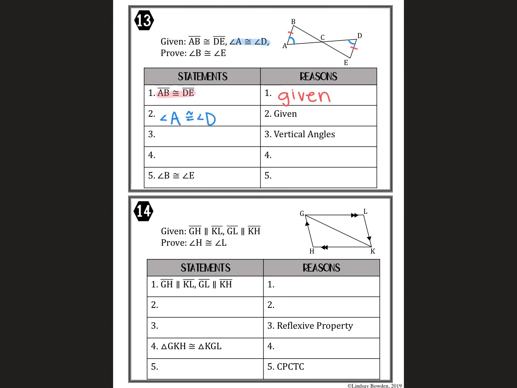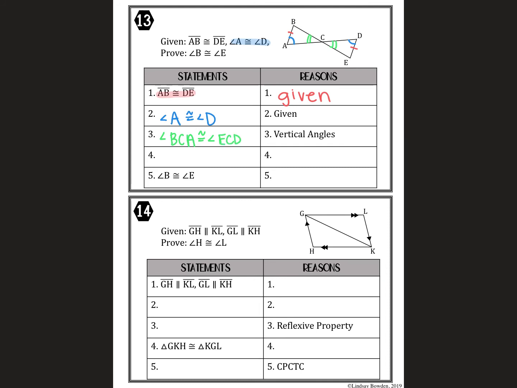After that, I'm out of givens, so next I would move on to my vertical angles. So I double mark those angles, and then I have to name them. I have to name them with 3 letters, and C has to be that middle letter, so maybe I would call the first angle BCA, and then I could call the second angle ECD.